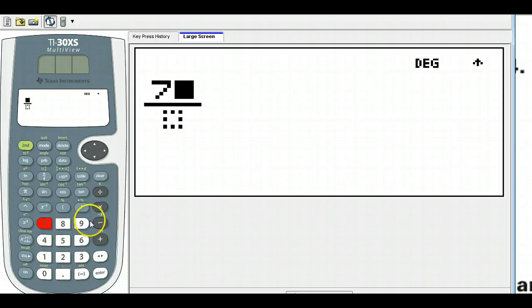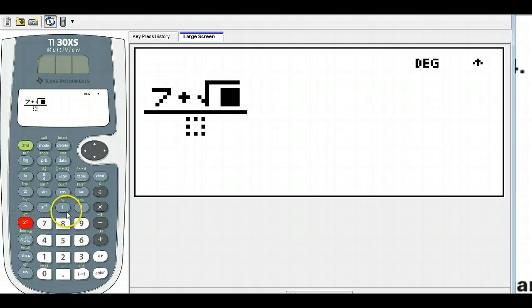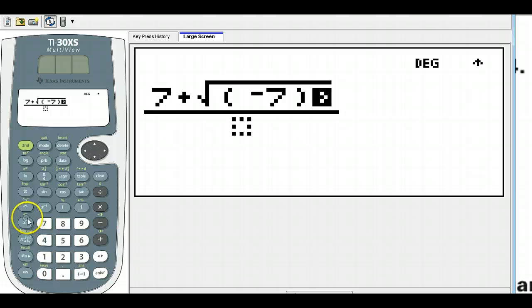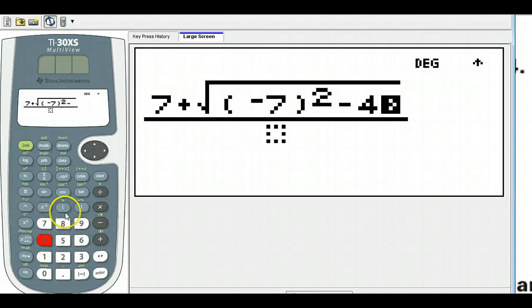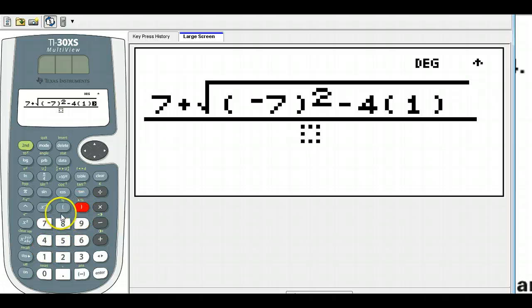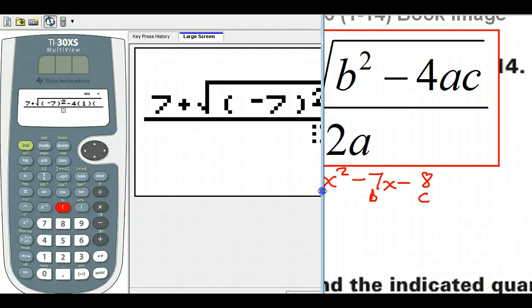So, square root of b squared. So negative 7 squared minus 4. A was 1, so I really didn't have to put it at all. And then C was negative 8.